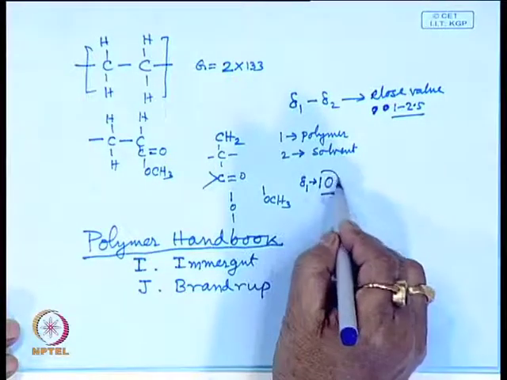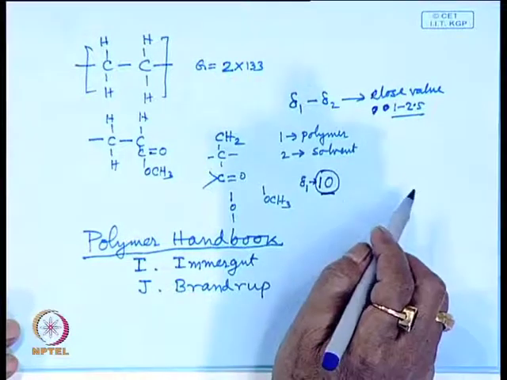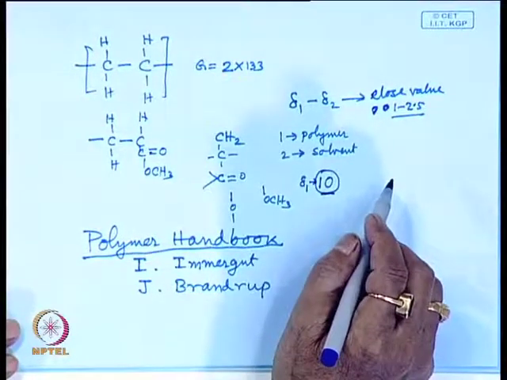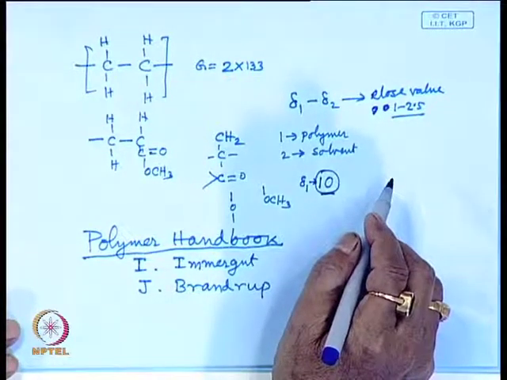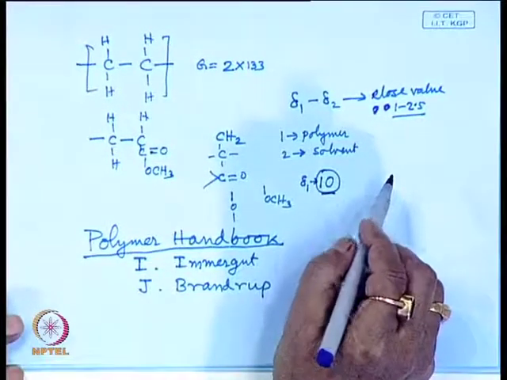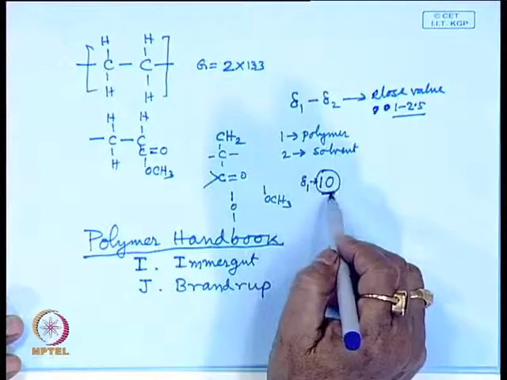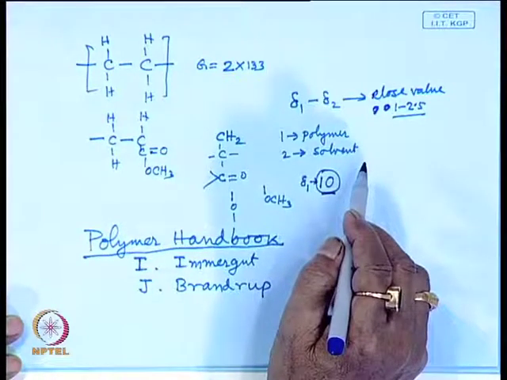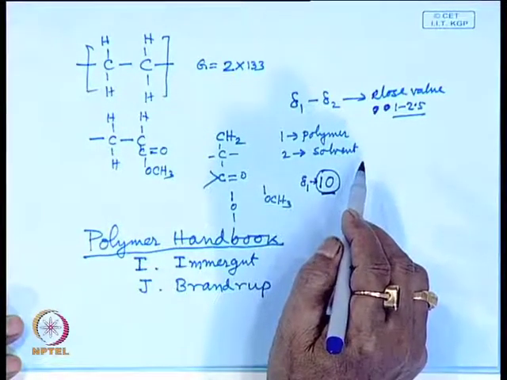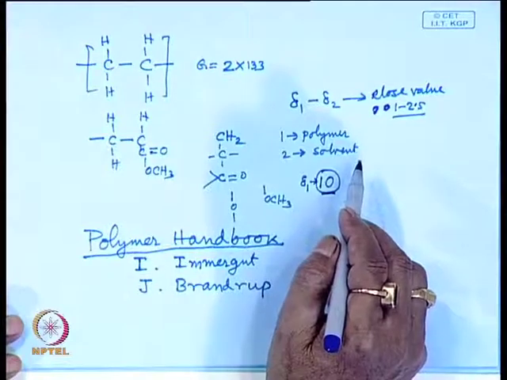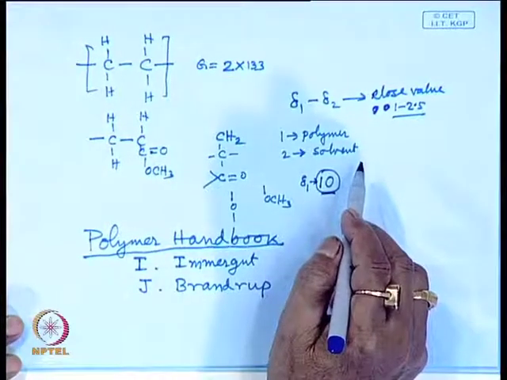So, if you find a solvent whose solubility parameter is close to this 10, then you can select that solvent. It is again not always true that that solvent can dissolve it, the solubility of that polymer may not be very high in that solvent, but it can be used as a solvent.